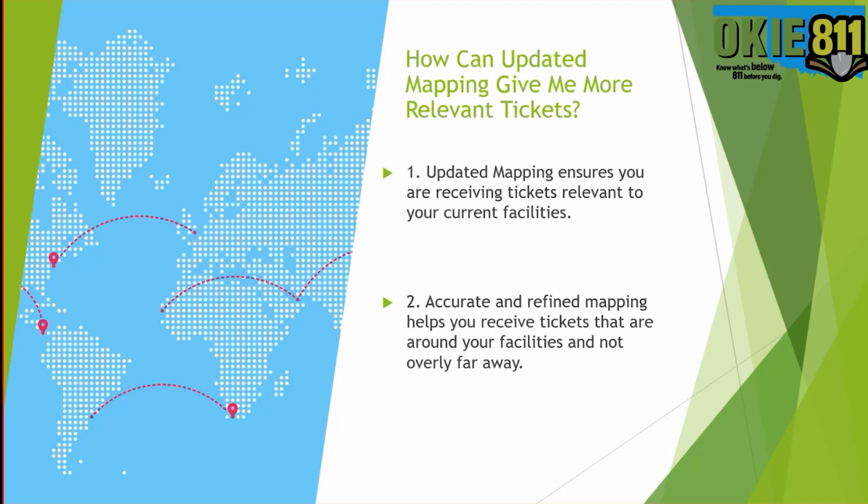So how can updated mapping give me more relevant tickets? This is a question that we get pretty often. One, the updated mapping ensures you're going to be receiving tickets relevant to your current service areas. You're not receiving things for areas that you sold years ago. And also, you're receiving requests on maybe assets that you have purchased, because we definitely want to have those areas covered.